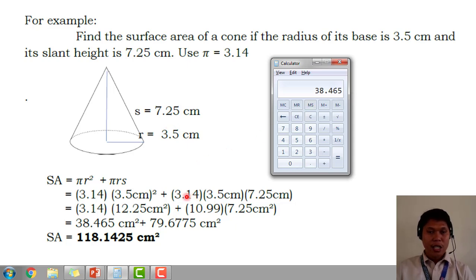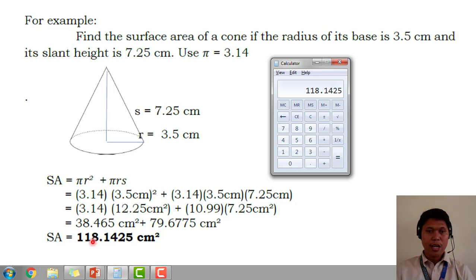Next is 3.14, which is pi, r is 3.5, and s is 7.25. Then we are going to solve 3.14 times 3.5 times 7.25 is equal to 79.6775, and then we are going to add this 38.465.